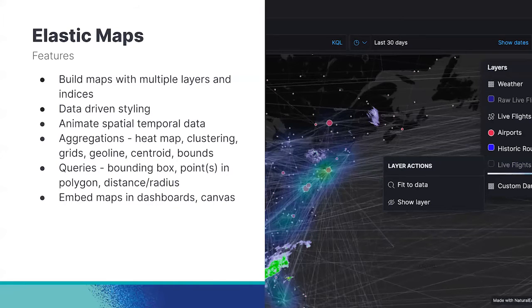And then finally, queries, being able to search through that data, do things like bounding box queries, point and polygon queries, and distance radius queries are all available functionality through the map app. And then finally, the ability to embed those maps that you've created into dashboards, into canvases. So these are all part of the Elastic Maps application in Kibana.